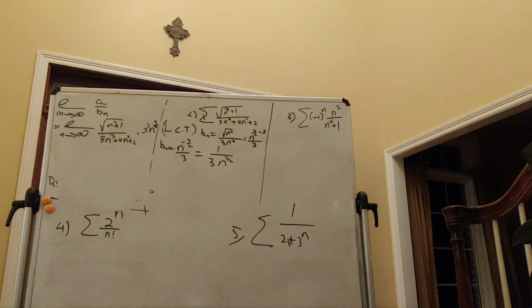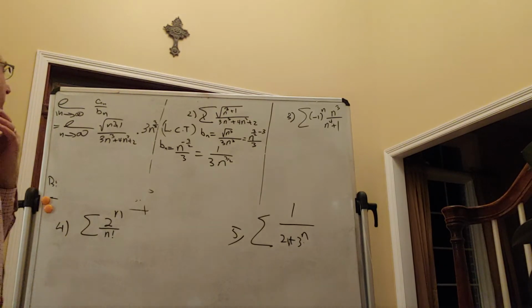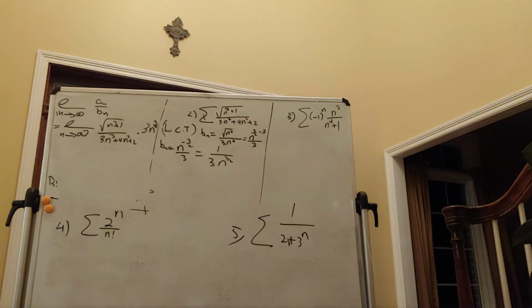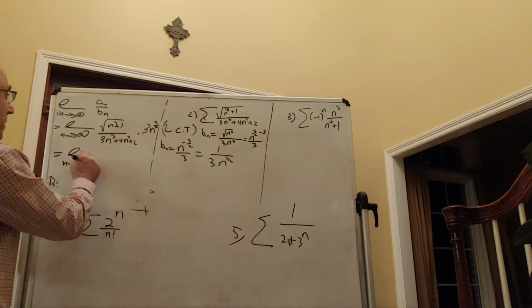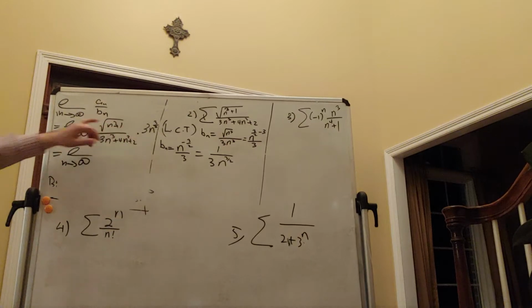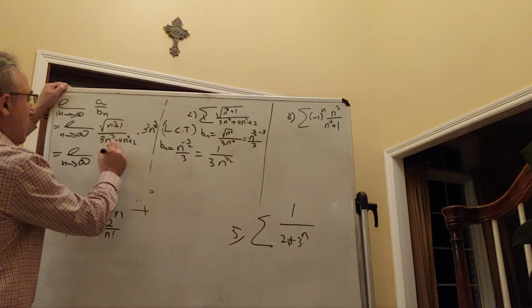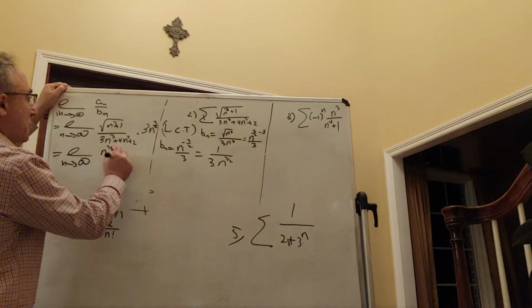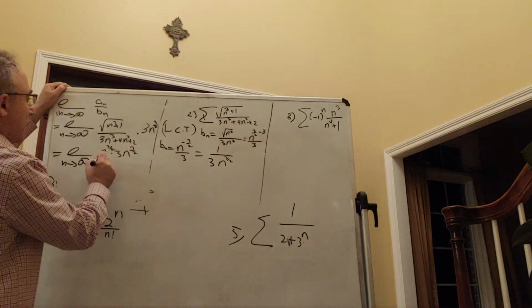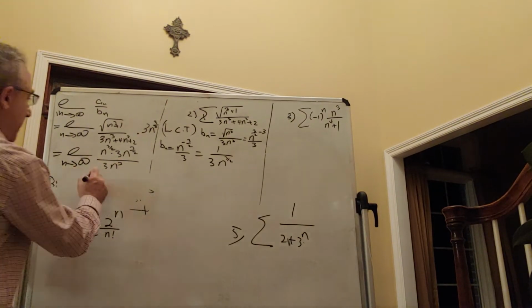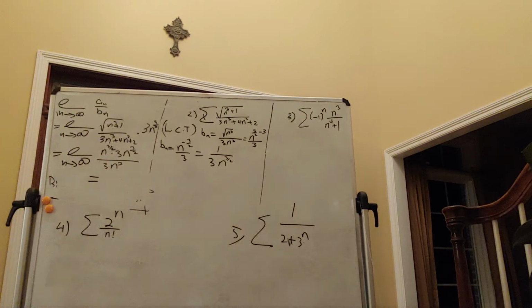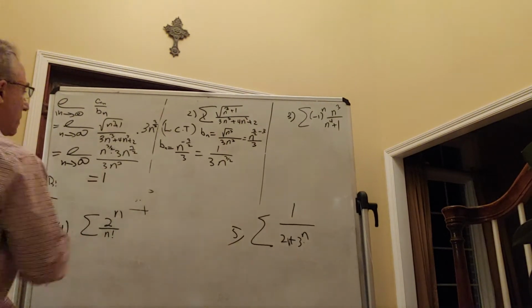Remember, at infinity, the top behaves like n to the power 3.5 times 3n to the power 3.5 over 3n cubed, and that is 1.